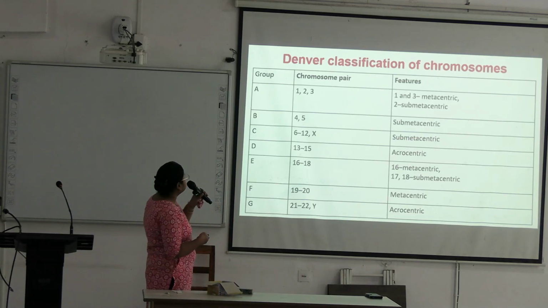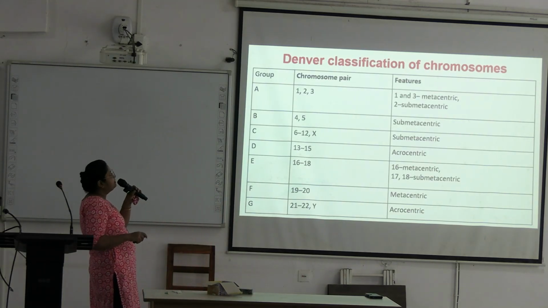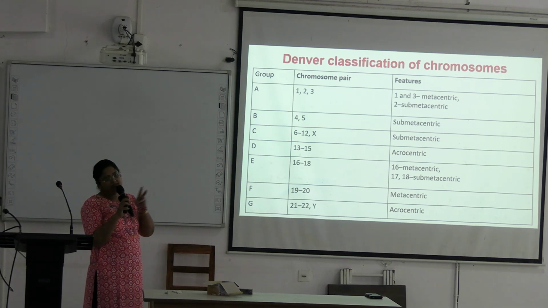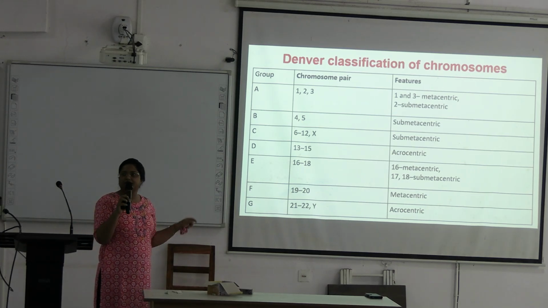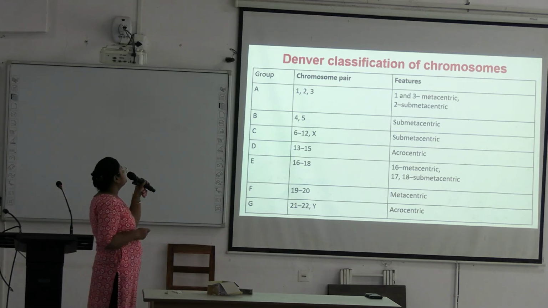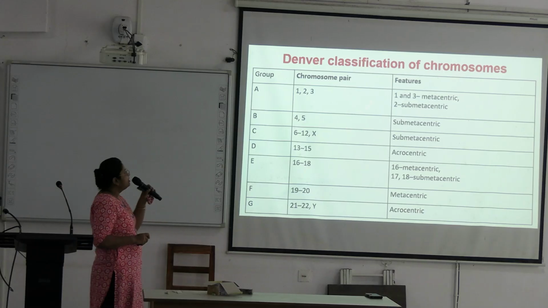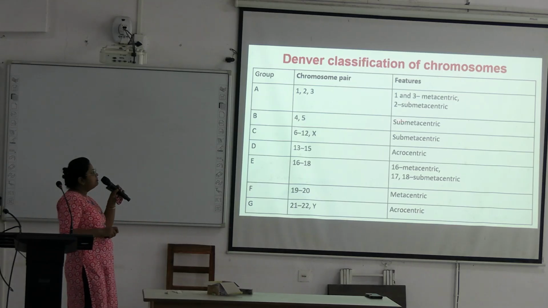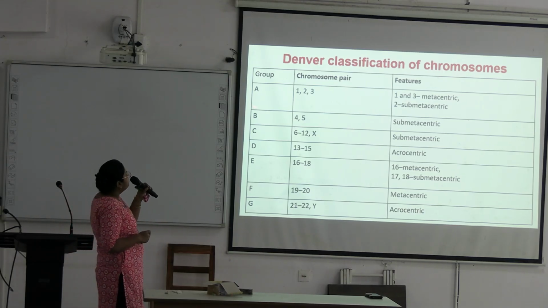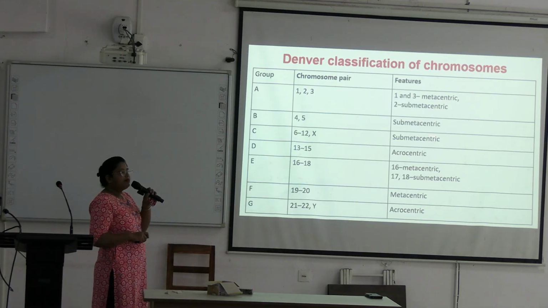And this is the Denver classification. According to the Denver classification, as we have discussed, chromosomes are divided into certain groups, A to G, 7 groups. First group A contains chromosomes 1, 2 and 3. 1 and 3 are metacentric, 2 is submetacentric. Group B contains 4 and 5.